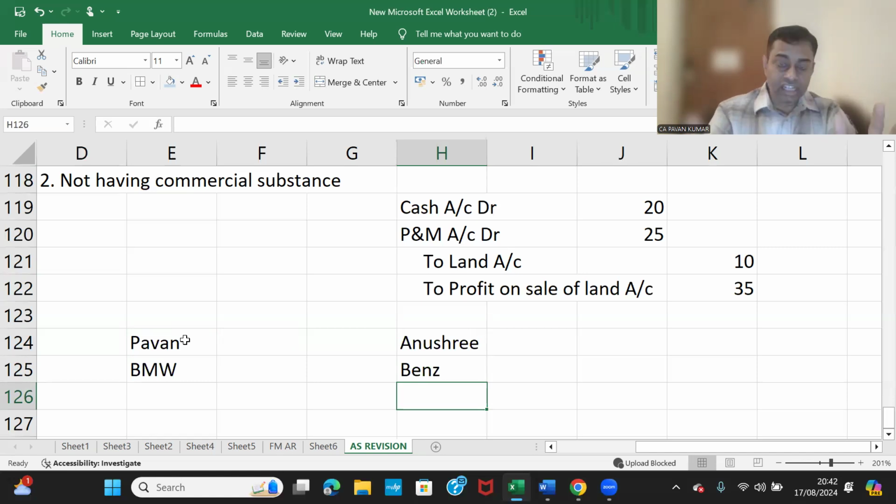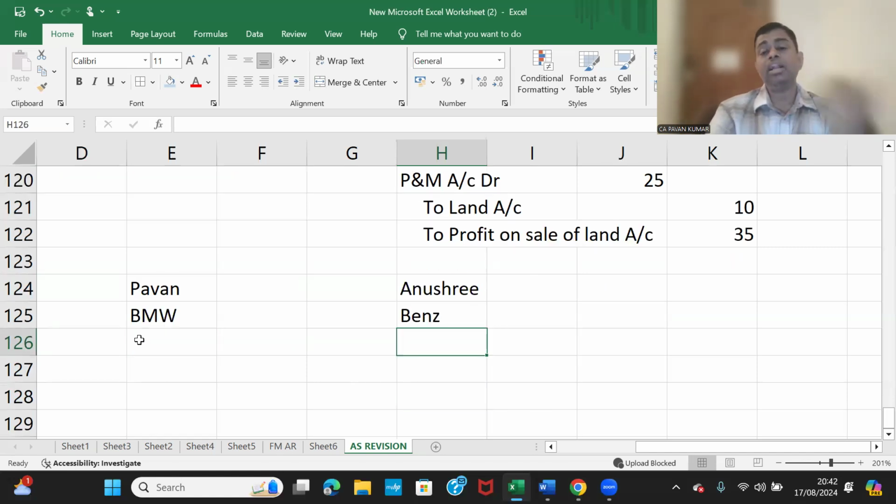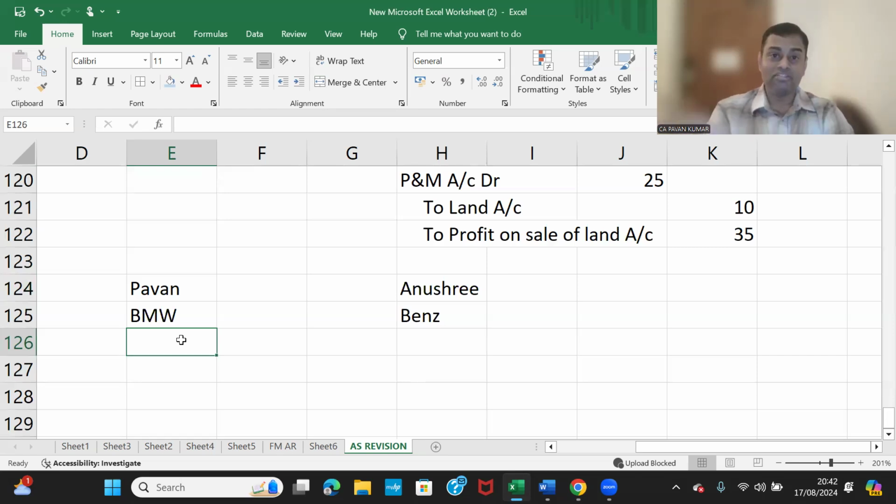And they are friends. One fine day, they met in a social gathering, and Pavan said, "Hey, Anushri, nice car." She said, "Thank you. And by the way, Pavan, your car is also very good." Then I said, "Hey, I have been using this car for the last 4 years. I am bored." Anushri said, "Yeah, same with me. I have been using this car for 5 years. I'm also bored. Hey, why don't we exchange?" So we exchanged the car.